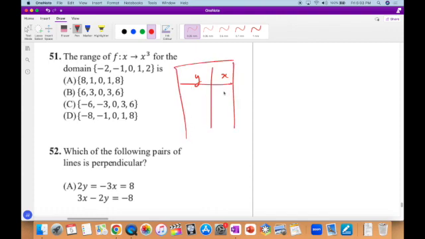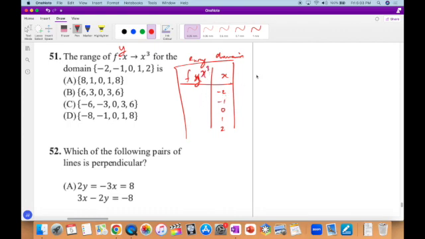So when x is the domain negative 2, negative 1, 0, 1, 2, when x is this, what is y? So remember, this is f of x, right? So this is the range, this is the domain. So remember, f of x is x cubed, right?